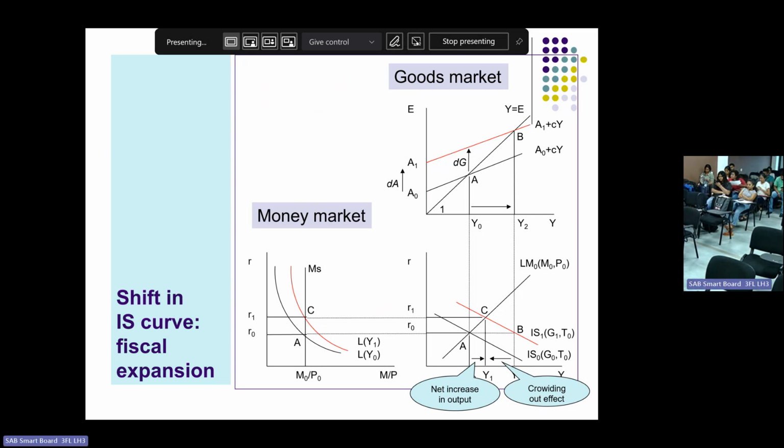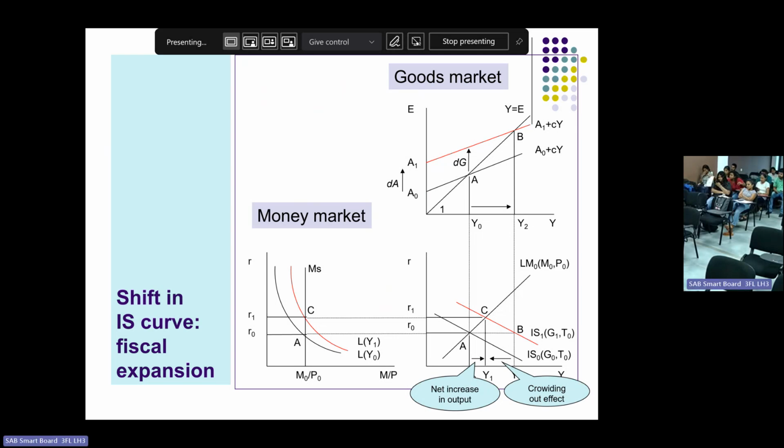There can be three types of effect: zero crowding out effect, partial crowding out effect, and complete crowding out effect.